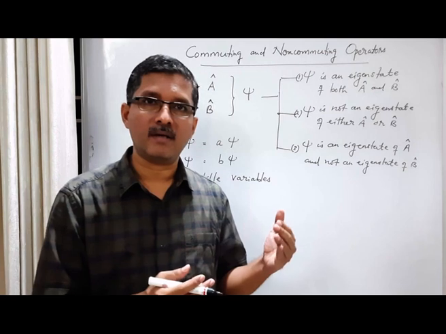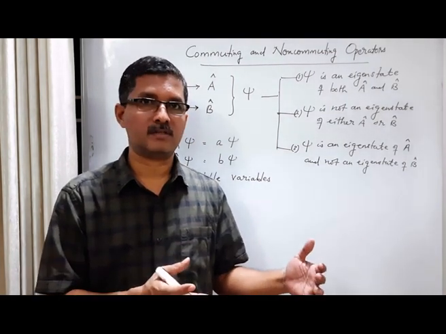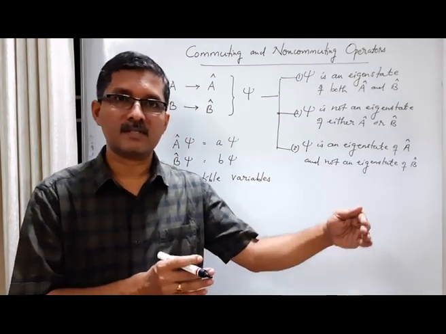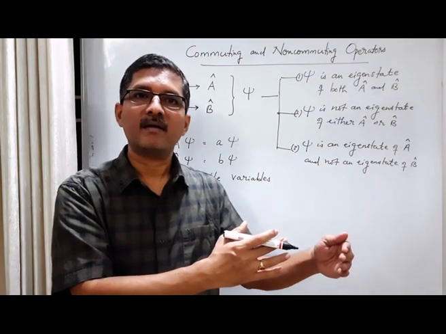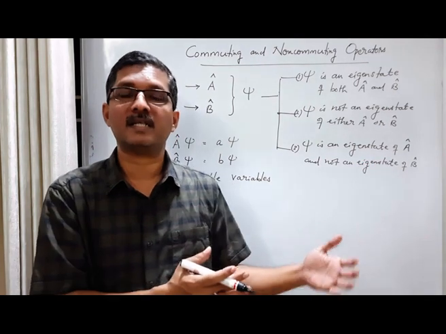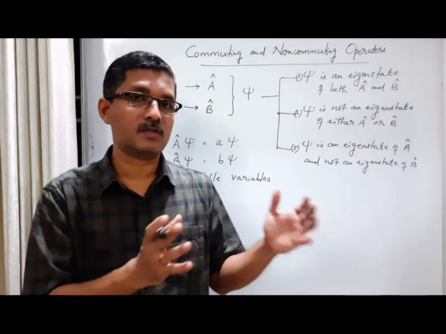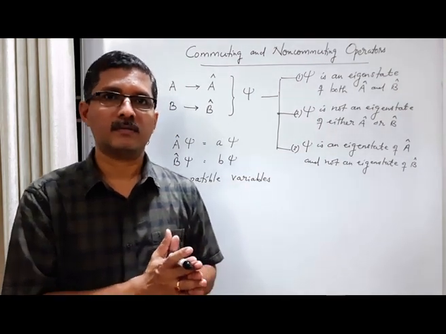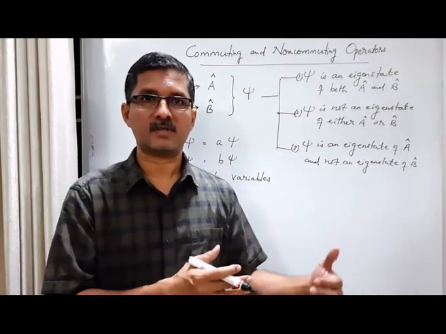First we measure B, we get small b, and the state after the measurement is again psi. Then we measure A, we get small a, and the state is again psi. The final state is the same. That means the order of measurement is not important. Even if you change the order of measurement, we get the same result.